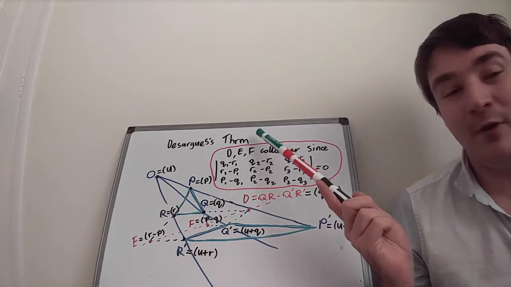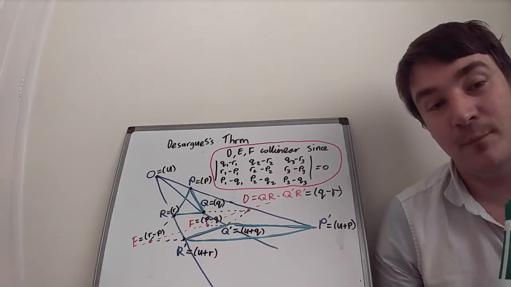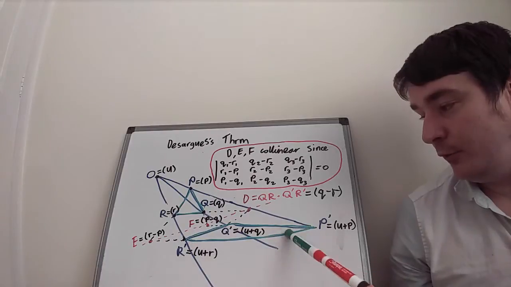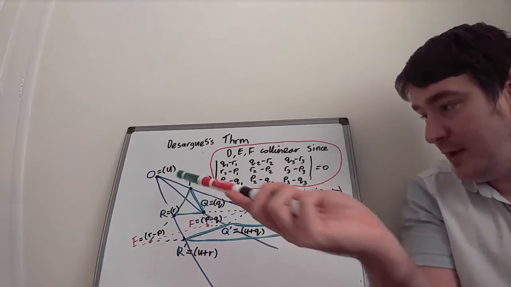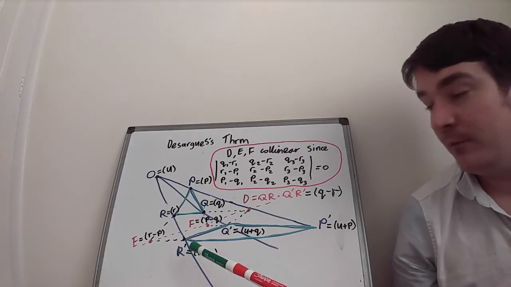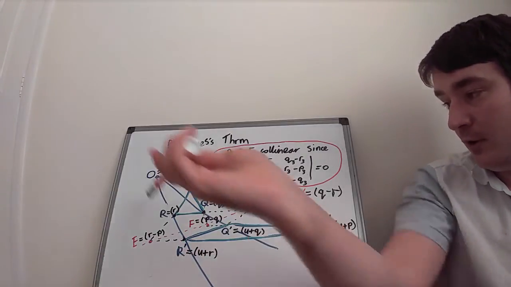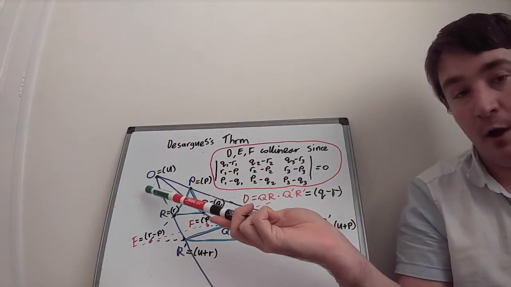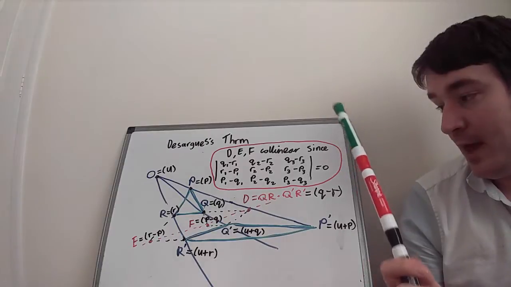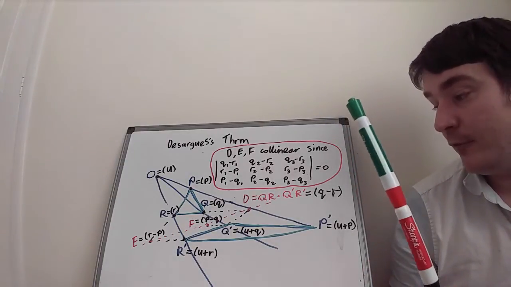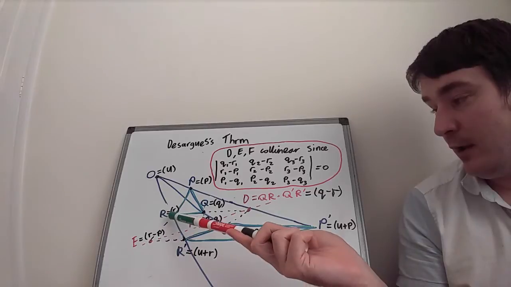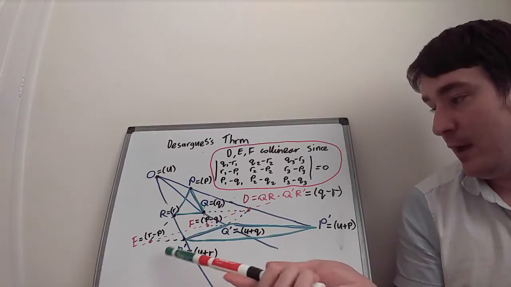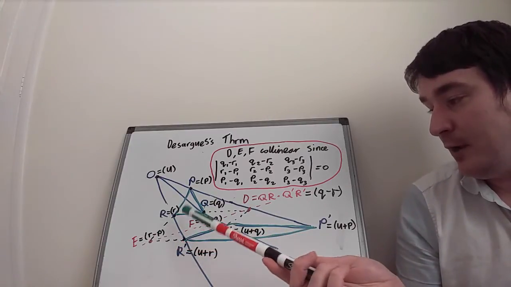So the next one is Desargues Theorem, a classic result, stating that if 2 triangles have their vertices perspective from some point, so the lines through corresponding vertices are all concurrent on this point, then the 2 triangles will be perspective from a line, in the sense that if we extend out the edges that are corresponding to one another, then they'll give us 3 points which are collinear.